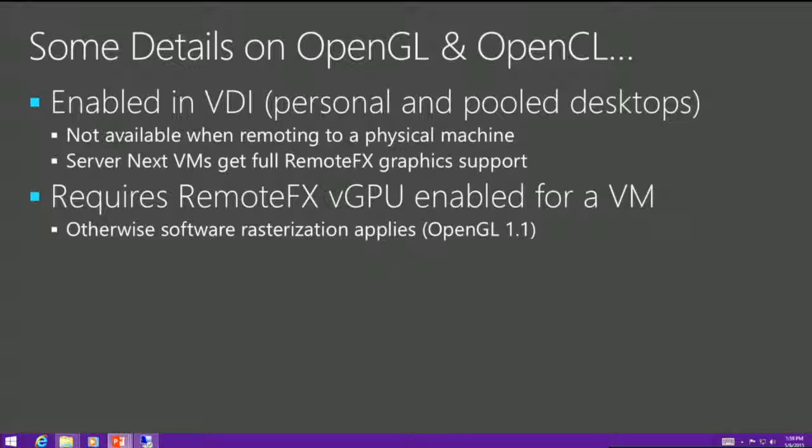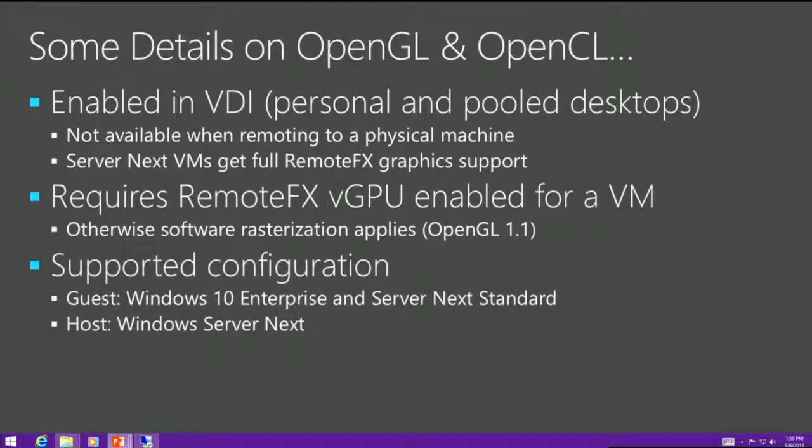Okay? If not, you just get OpenGL 1.1, which is what Microsoft has had in Windows for a very long time, but that also has its limitations. Okay? Supported configuration, from a guest perspective, Windows 10 Enterprise, that doesn't change, or Server Next Standard, and you host Server Next for all the capabilities that we're discussing here today.